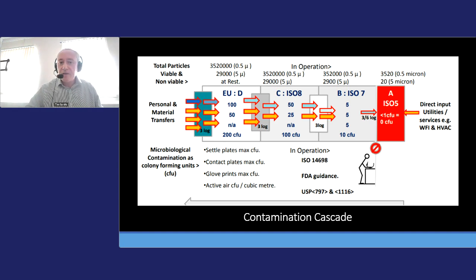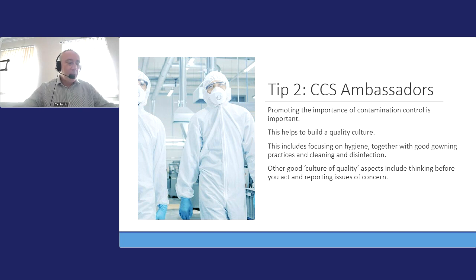Okay, so that's tip number 1. Tip number 2 is this idea of having contamination control ambassadors.